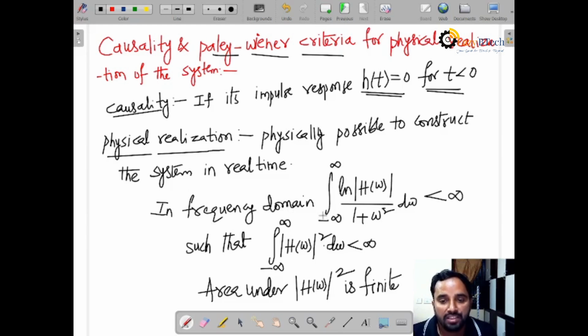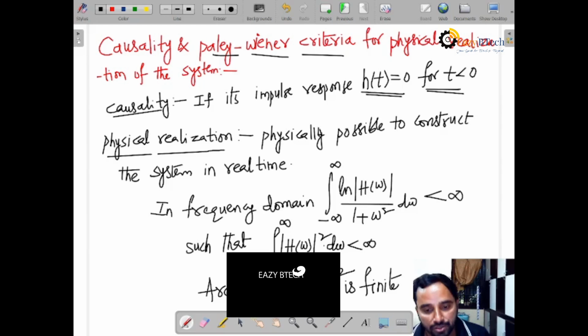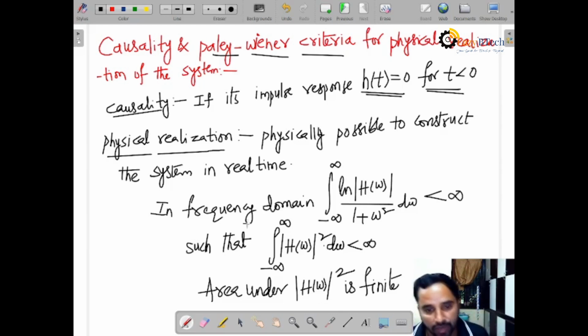The same point in frequency domain is the Paley-Wiener criteria. The integral from minus infinity to plus infinity of log of magnitude h of omega divided by 1 plus omega square, d omega, is less than infinity, means finite. And also the integral from minus infinity to plus infinity of magnitude h of omega whole square, d omega, is less than infinity. Here the integration is the area under magnitude of h of omega whole square, which is finite.